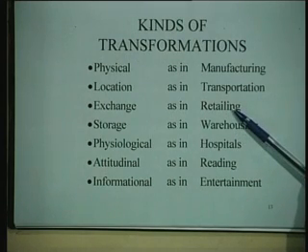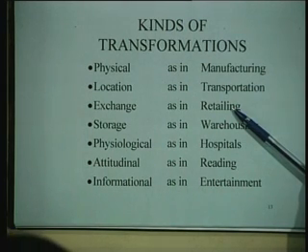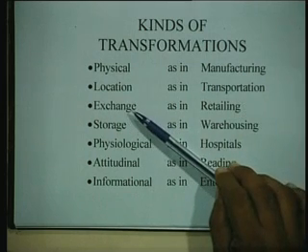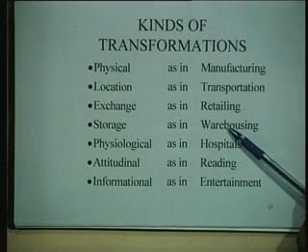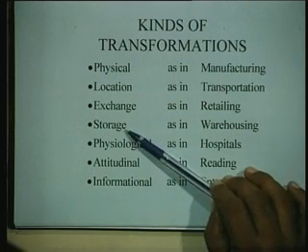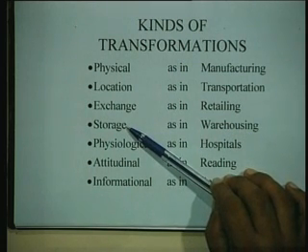When you are doing retailing, where a retail shop stocks items of different kinds, what is it doing? The kind of transformation it is doing is merely exchange. In warehousing, the kind of transformation that you are doing is basically storage.